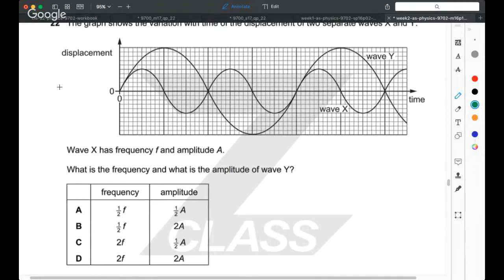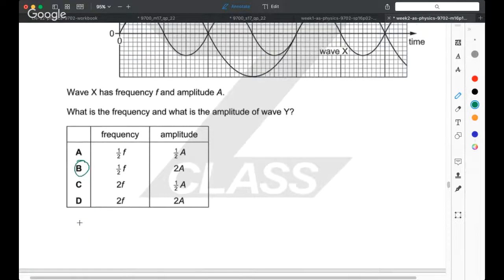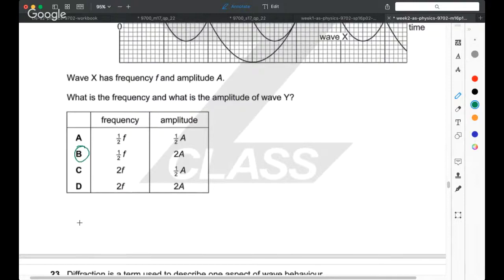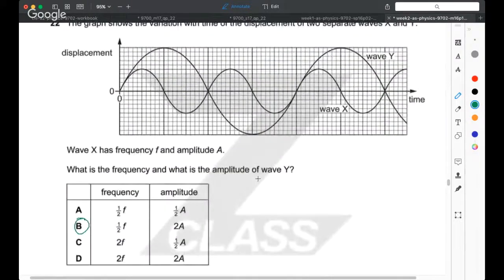For the amplitude, the amplitude is double. It's double in size. So it'd be B. Yep. There is always a relationship between both of them. If one is half, the other has to be twice, in order to be opposites.